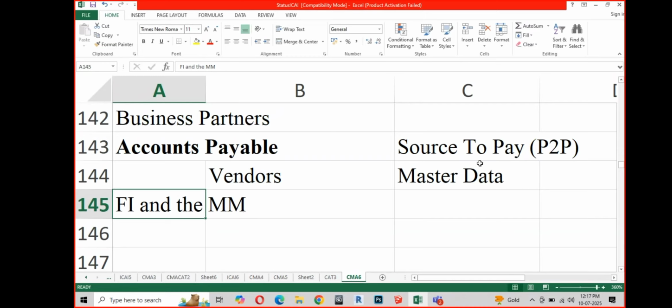Now, here, whether you need an integration or not. What do I mean by this? I gave you an example of a simple tea vendor coming in and supplying tea or coffee to your employees. He may not be a major vendor for you.